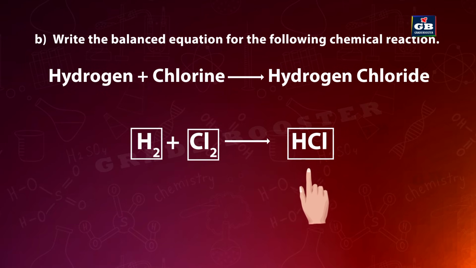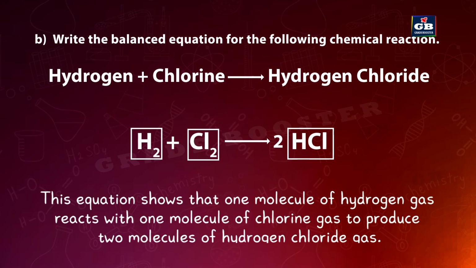To balance the number of atoms, we need 2 molecules of HCl. So here we write 2 in front of the HCl. Now this equation is balanced. So this equation shows that 1 molecule of hydrogen gas reacts with 1 molecule of chlorine gas to produce 2 molecules of hydrogen chloride gas. Let's see the next one.